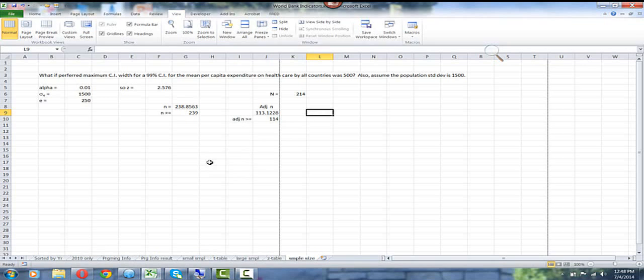So that's confidence intervals for mean and sample size determination for a mean. We'll stop with this video, and then we'll do a new video on confidence interval for proportion and sample size determination for proportion. Let me know if you have any questions.